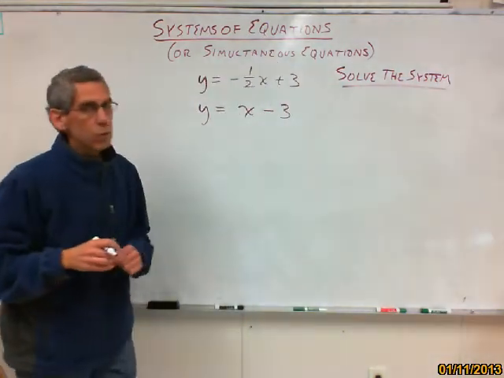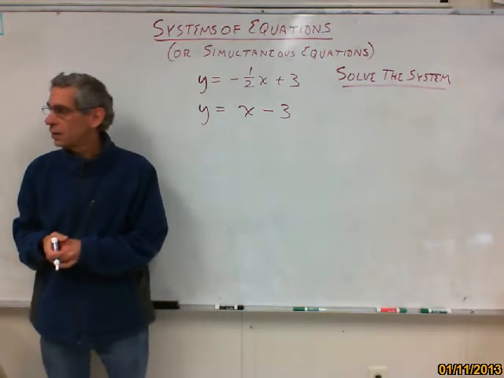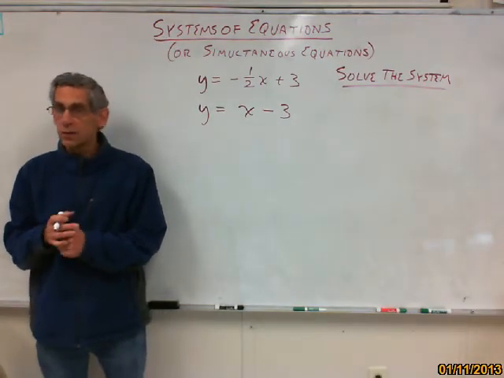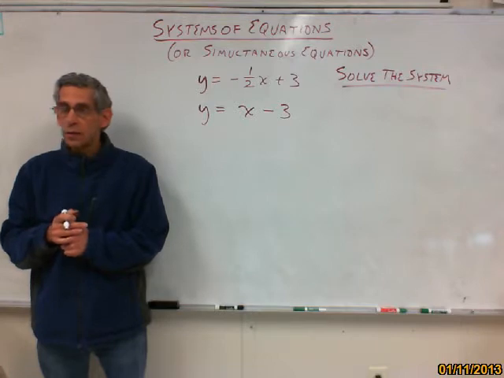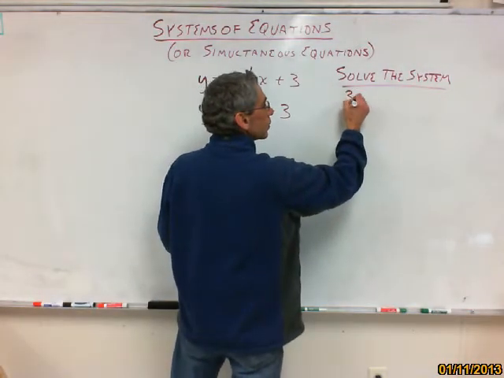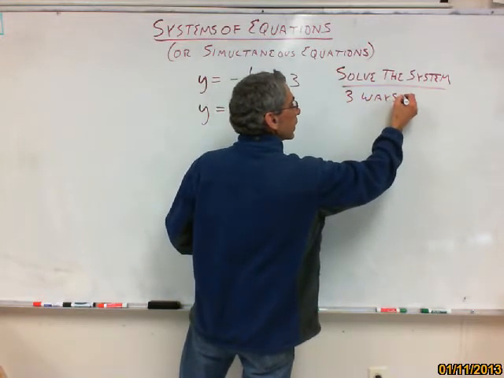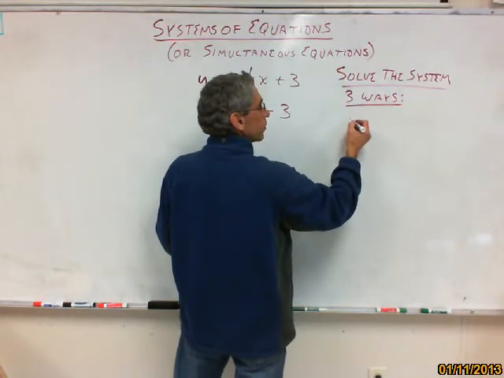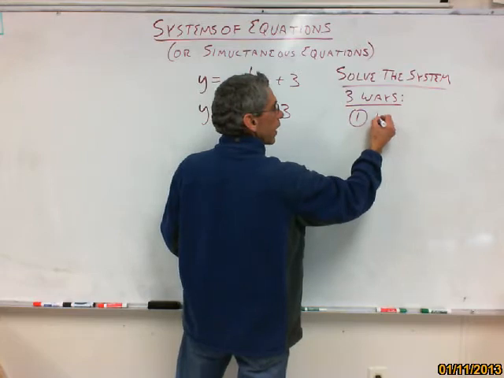All right, so there are three different ways to solve systems. And I'm going to write them right now. There's three ways. And we're only going to learn one of them today. The first way is by graphing.